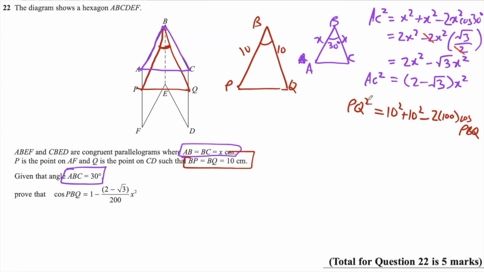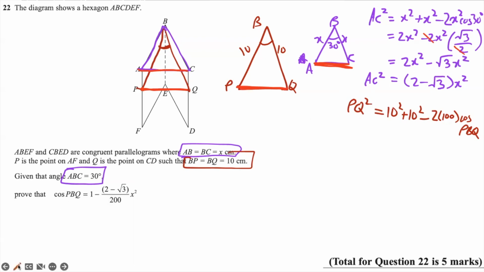Okay, now notice that PQ and AC are both equal. So let me just draw your attention to these two lines. PQ and AC, these two are equal. Which means that AC squared, whatever the value of that is, we can use that for PQ squared.